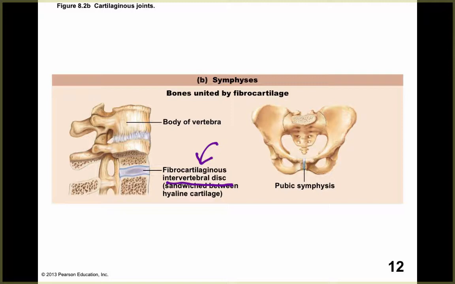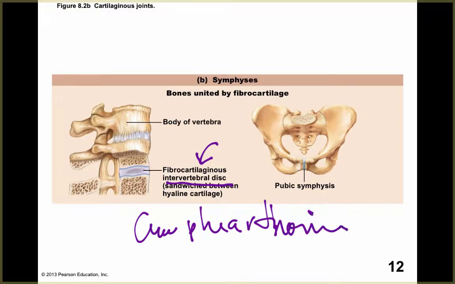For the most part, they're considered to have slight movement, so they are amphiarthrotic. For the most part, the pubic symphysis is considered immovable, but sometimes it can be slightly movable during childbirth. And then, of course, these guys here, whenever you bend your back or go forward, they have some slight movement, but it's kind of like this forward and backward or slight. They're not moving to the extent of, say, a synovial joint that we'll talk about here in a moment.